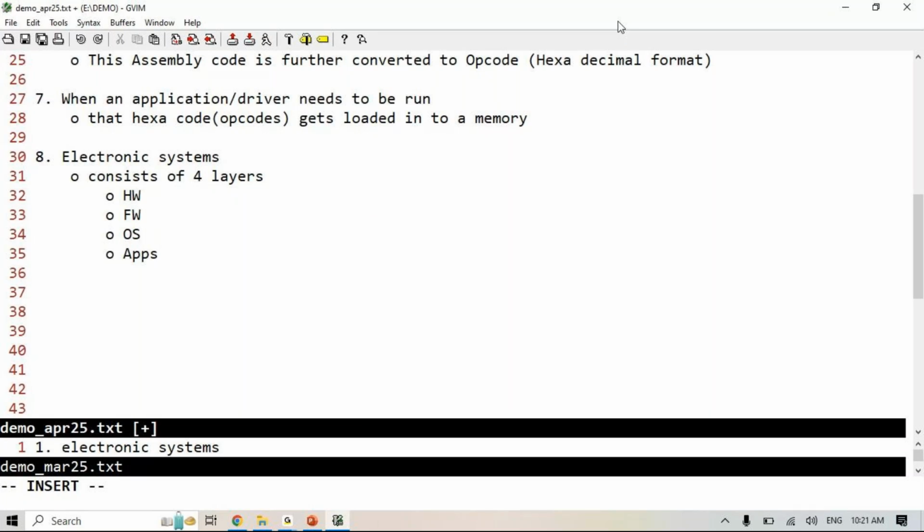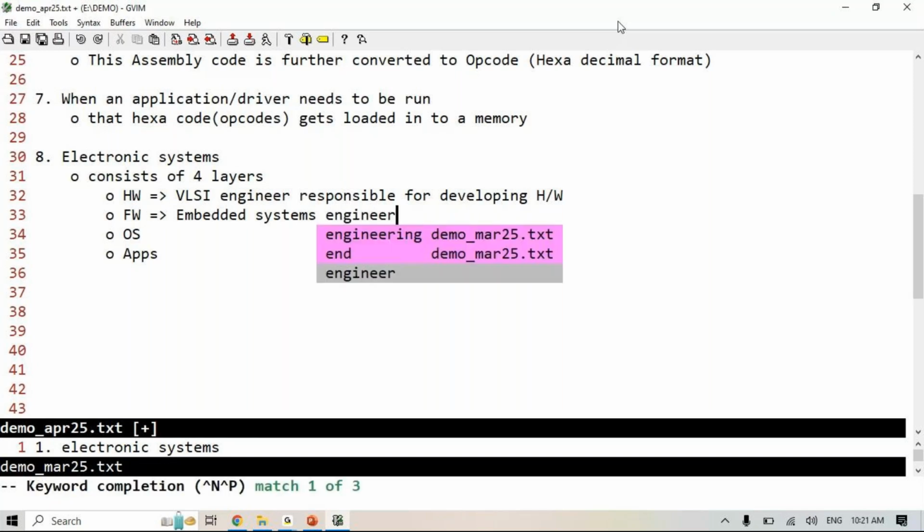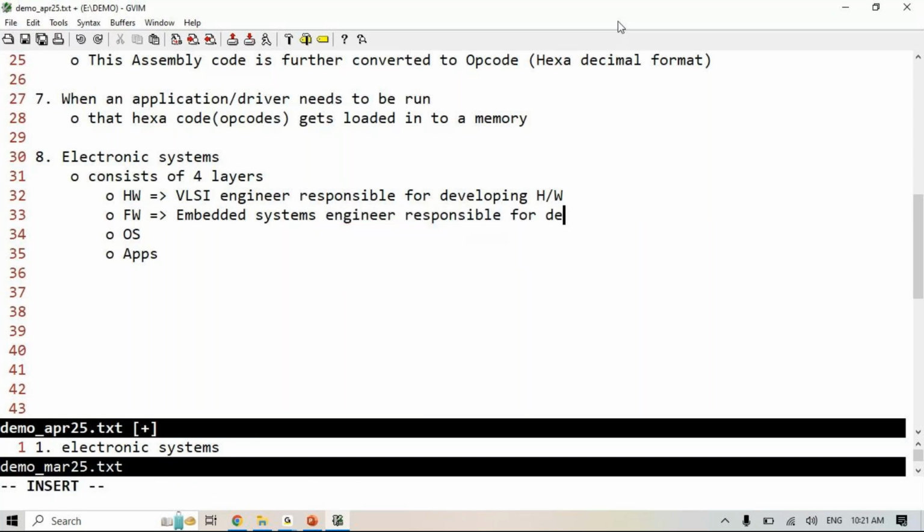What is the responsibility of a VLSI engineer? Only to develop the hardware. An embedded system engineer is responsible for developing firmware or drivers. There could be many things. And the OS and other things, a software engineer or app developer.